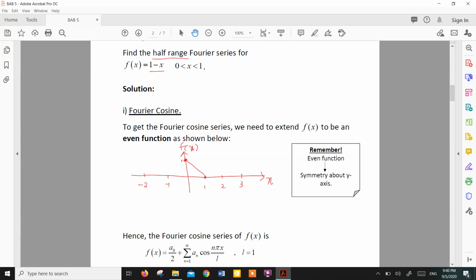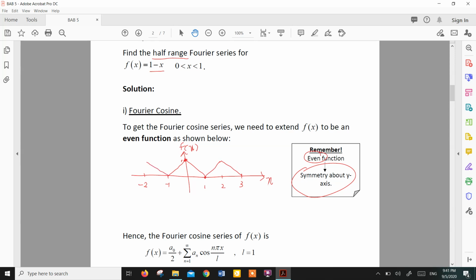Now we want to find the half range Fourier series for the cosine function. The cosine function is an even function, and it is symmetric at the y-axis. So when it is symmetric at the y-axis, your graph will be like this, and you will have a periodic function like that.